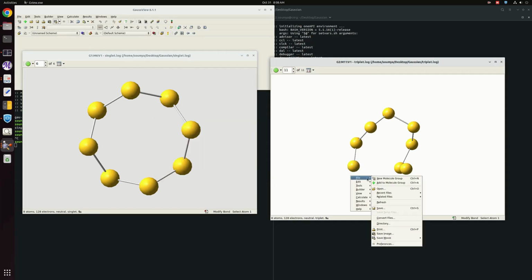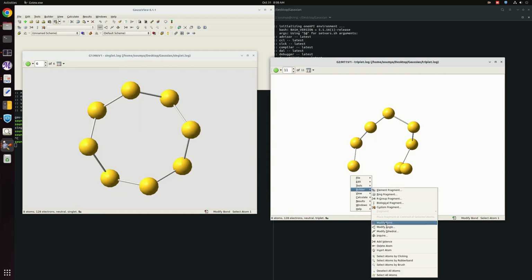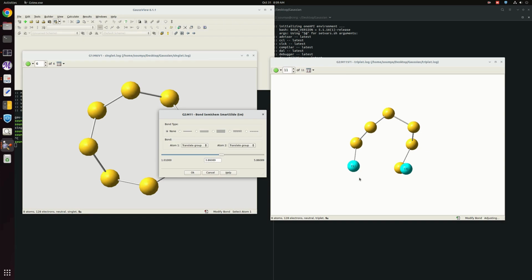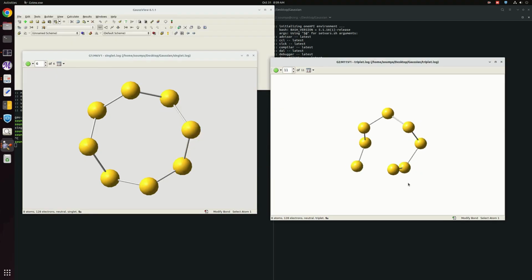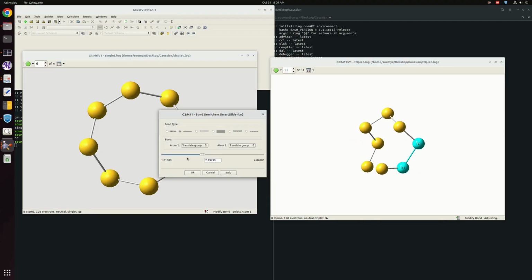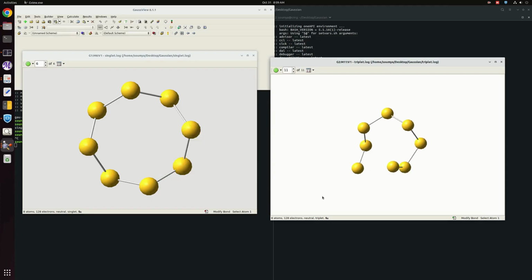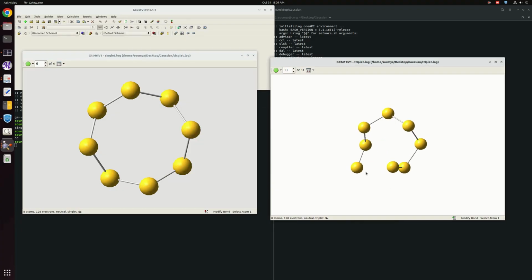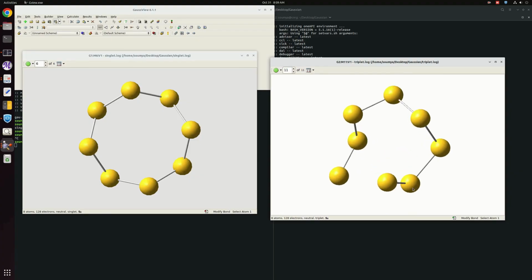The bond distance between this and this is 3.86089, and here we added another bond with distance 2.19, and another with distance 2.15. That means these are okay, but this pair of atoms is very far from each other. This way you can modify a little bit using GaussView for visualization purposes.